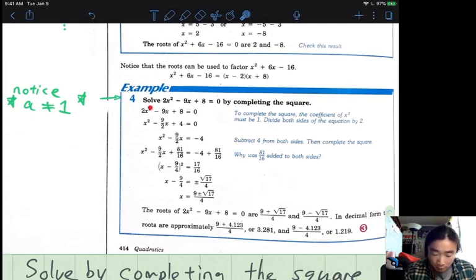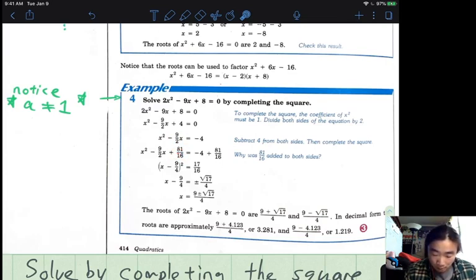You have to make a equal to 1, so your first step is to divide everything by that a value, which is 2. So 2 over 2 is 1, 9 over 2 is here, 8 over 2 is 4, 0 over 2 is 0. Now from this equation, you subtract 4 from both sides, get here, your b value is now this fraction. It still works, b over 2 squared. You can complete the square with fractions.